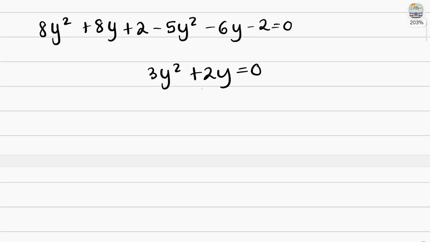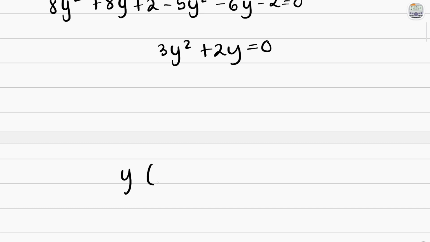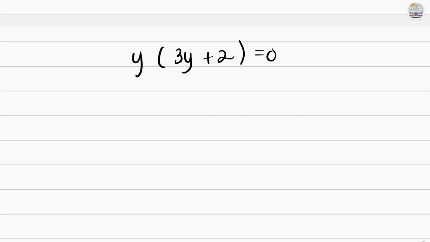Okay, so now you see that we have a binomial, and we can just take out a common factor of y. So y comes out as a common factor, and what are we left with in the first term? 3y squared divided by y is 3y, and 2y divided by y is positive 2, is equal to 0. And here we have the same case as in question 1, where we have a factor times another factor giving you 0.